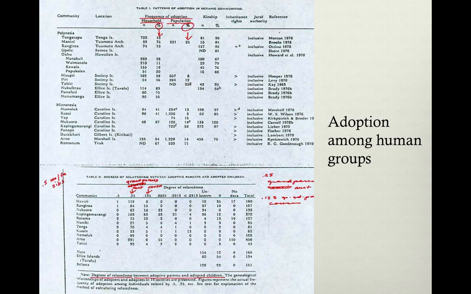It is generally, in this context, an auntie that will adopt her sister's kin or her sister's kids. And so this is used to help balance out disproportionate kinds of energetic demands.